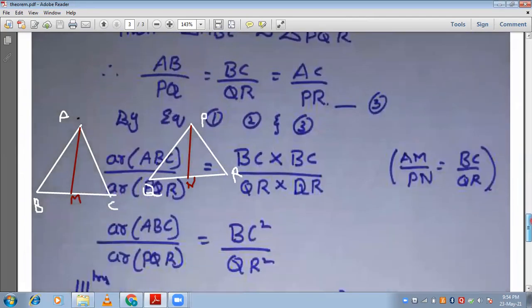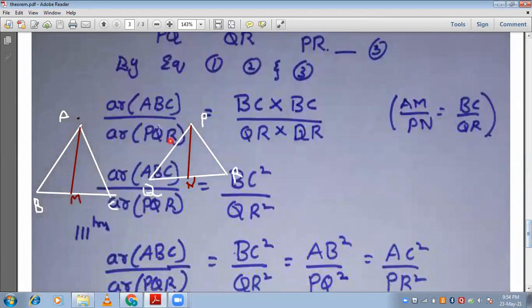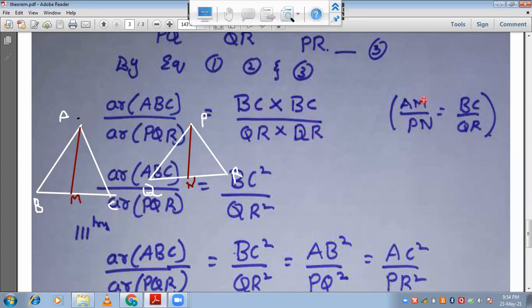So, when you combine equations 1, 2, 3, you will get area of triangle ABC divided by area of triangle PQR equals BC into BC divided by QR into QR. I replaced AM by PN with BC by QR. BC into BC, BC square, divided by QR into QR, QR square.